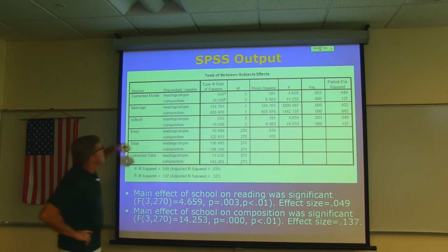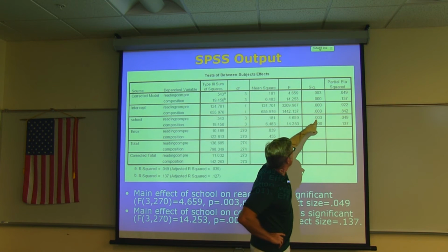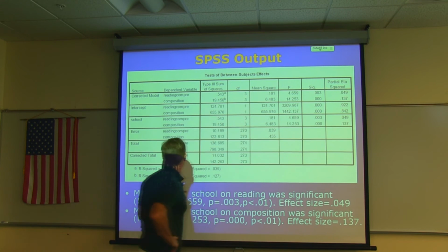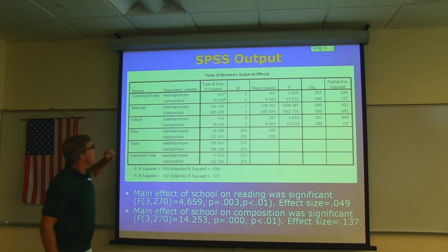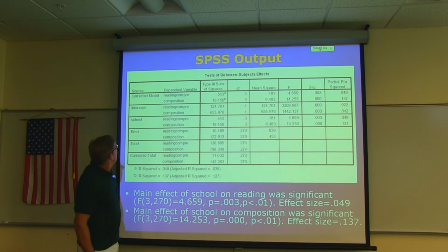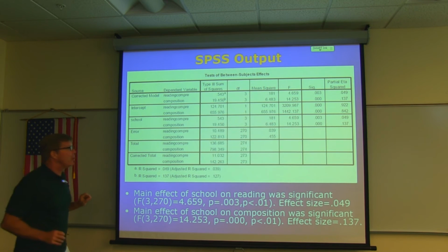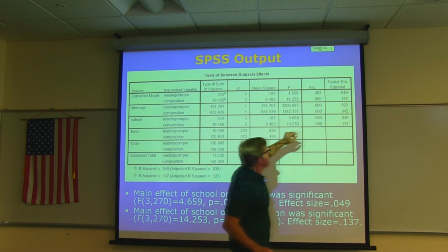Well, in this case, the ANOVAs were significant. We have a very small p-value here and a very small p-value here. So the one-way ANOVA on reading comprehension was significant. The one-way ANOVA on composition was also significant with, again, fairly low effect sizes.